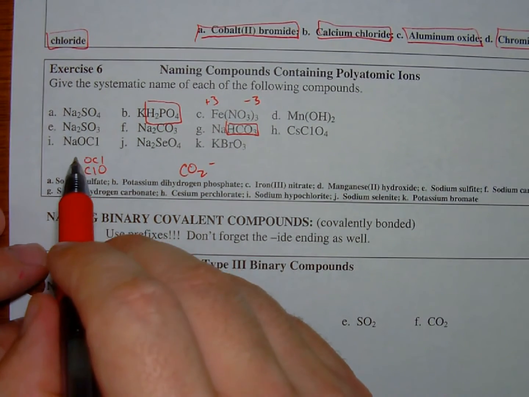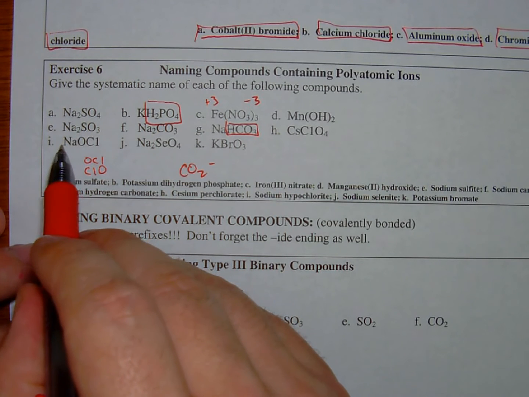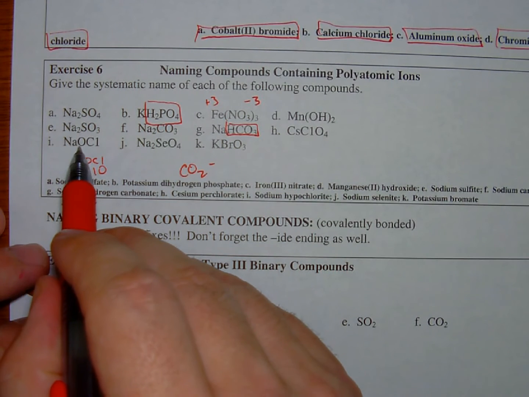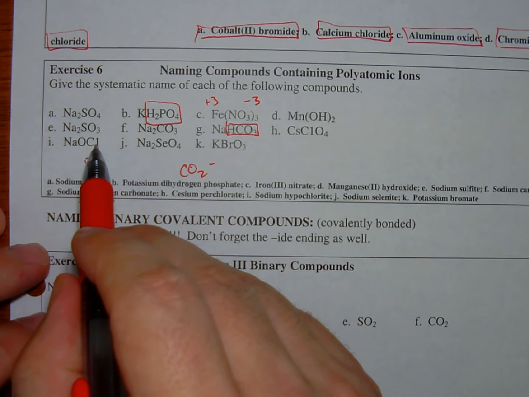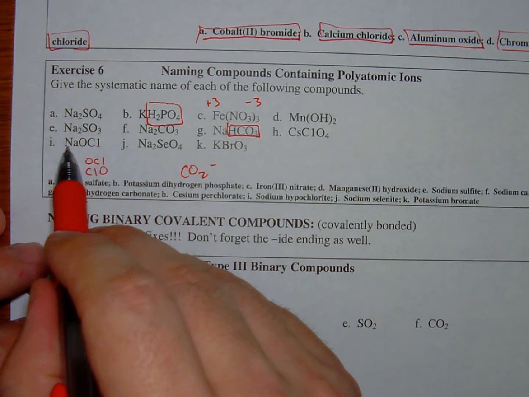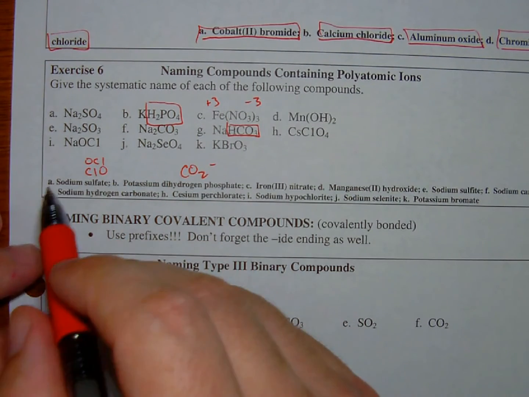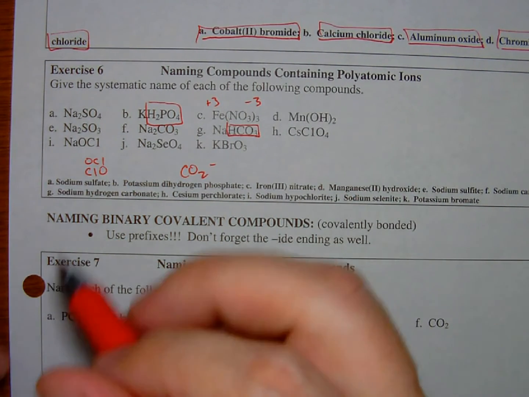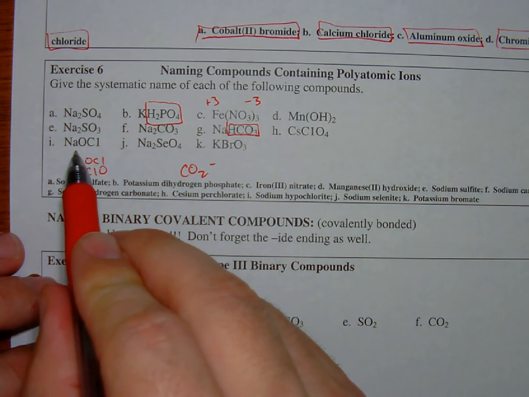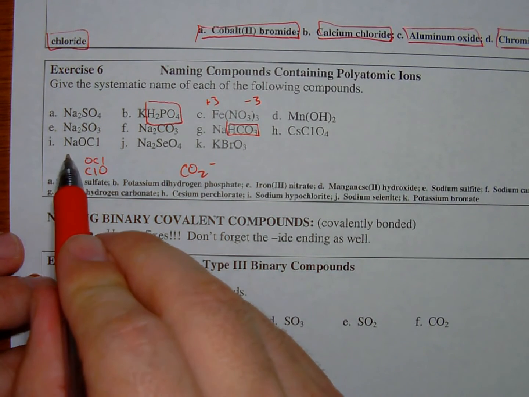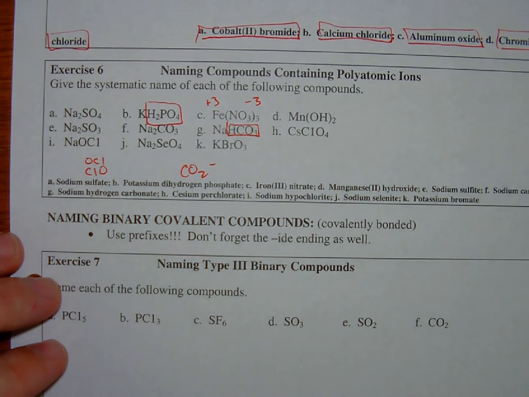In terms of the structural formula, the sodium is bonded to the oxygen, and the oxygen is bonded to the chlorine, and so it makes sense to draw it like this, to write it like this. But when you go to look up the name on a polyatomic ion sheet, you're not going to see this. This is hypochlorite. So this substance is sodium hypochlorite.